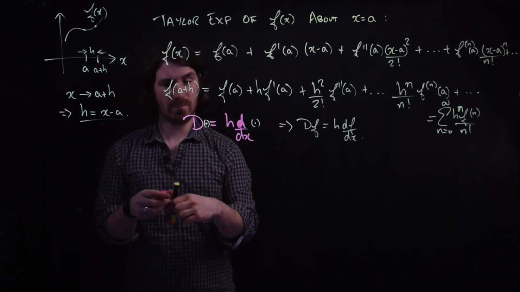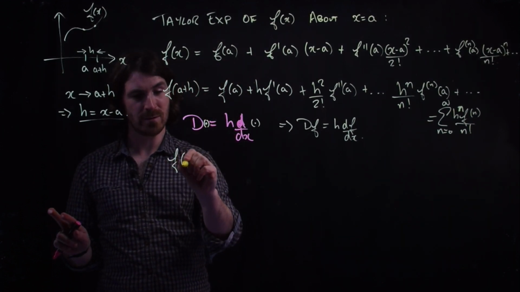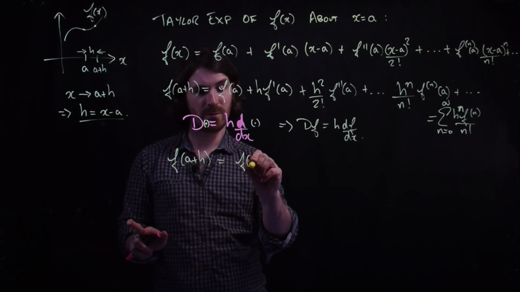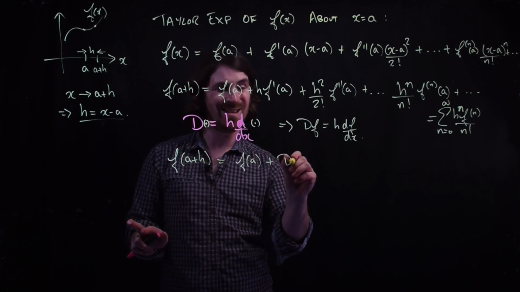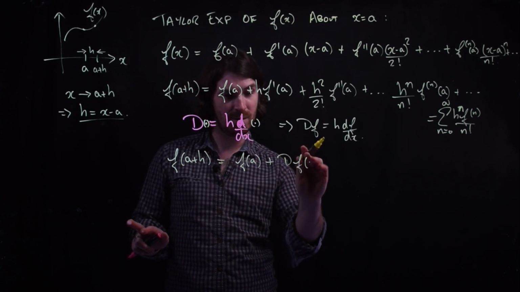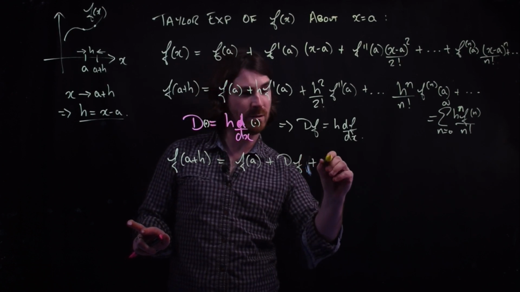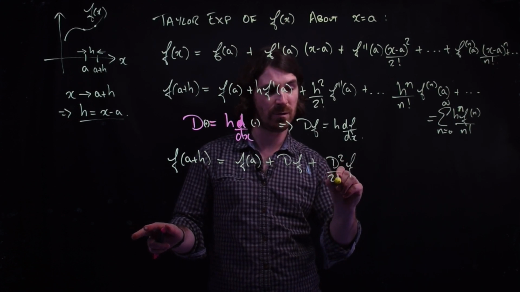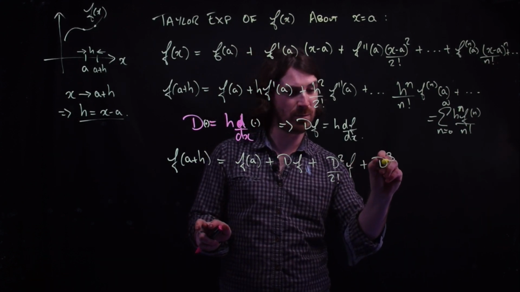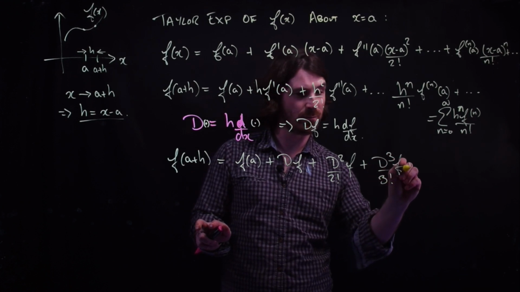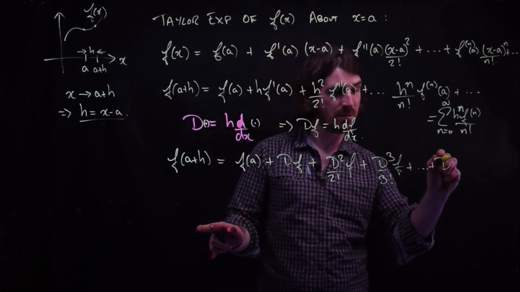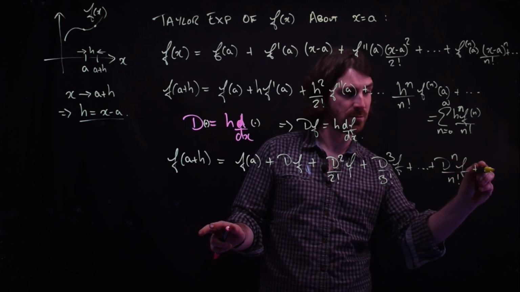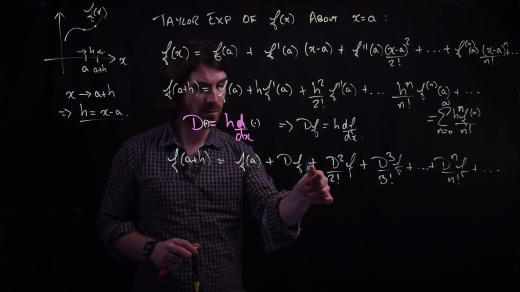In this variable d, we can write our Taylor expansion f of A plus h in a compact form. It's f of A plus df, plus d squared f over 2 factorial, plus d cubed f over 3 factorial, plus d to the n f over n factorial, plus and so on.